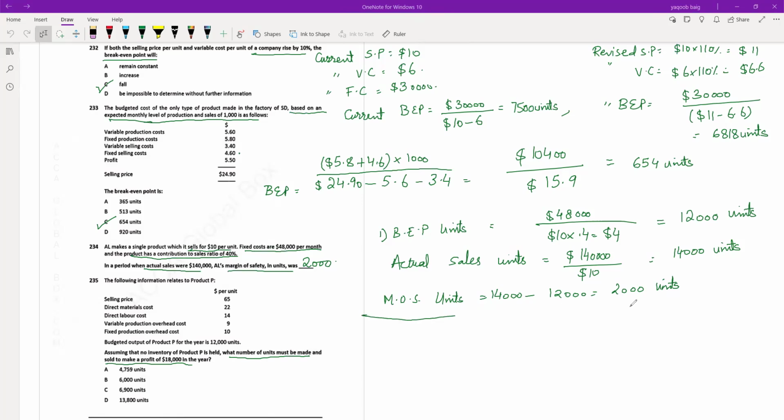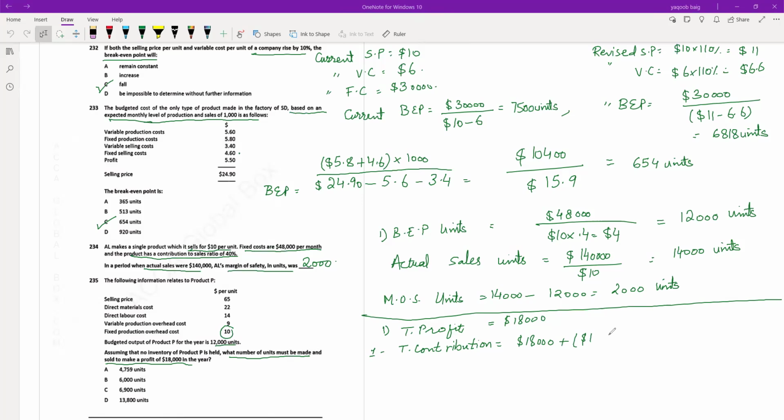So here we have targeted profit of 18,000. Step number 1 is to calculate targeted contribution, where targeted profit plus fixed overheads, which is 10 per unit, and the normal activity level is 12,000.